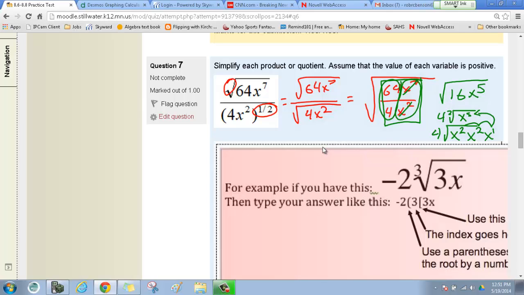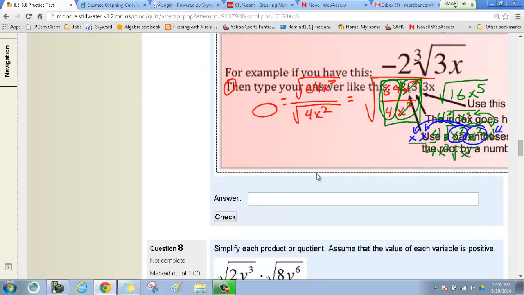Now, I can take each of these x squareds out. But when I take that x squared out, it becomes a 1x. And when I take this x squared out, it becomes a 1x. And sadly, this x I can't take out because there's only one of them. I need 2 in this situation. So my final solution would be 4 from this 4, x squared from these two x squareds, times the square root of x. That's your final solution to this problem right here.